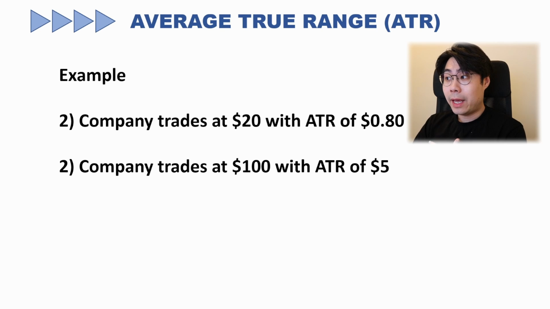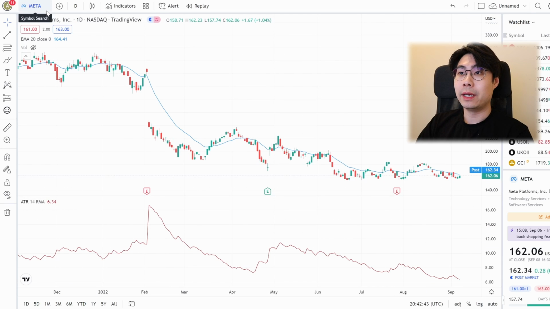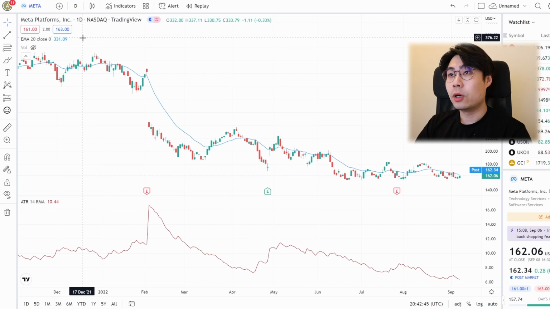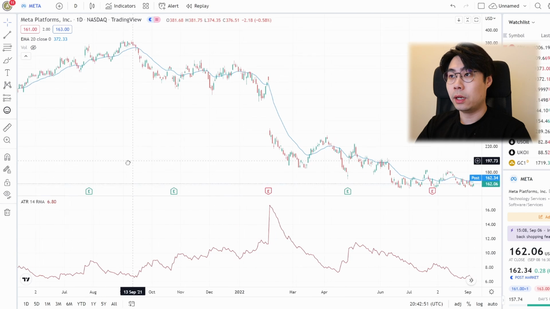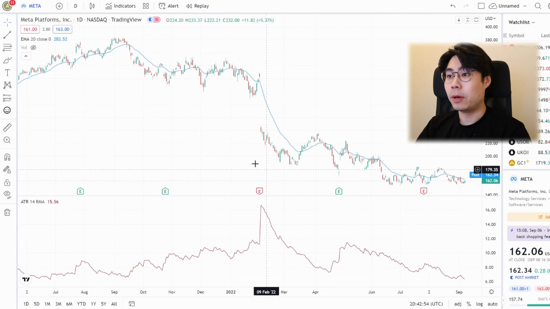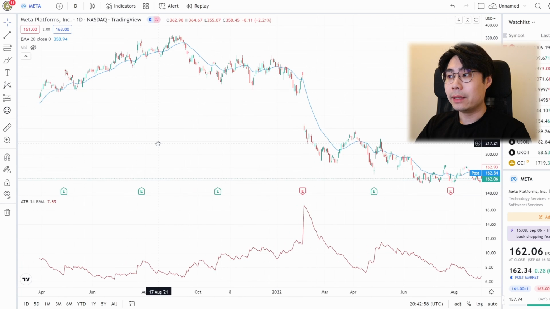Now let's take a look at TradingView, and I always like to give an example. So in this case, we're looking at Meta, and we all know that Meta had huge volatility back in March 2022. So when we're looking at the ATR down below, right?